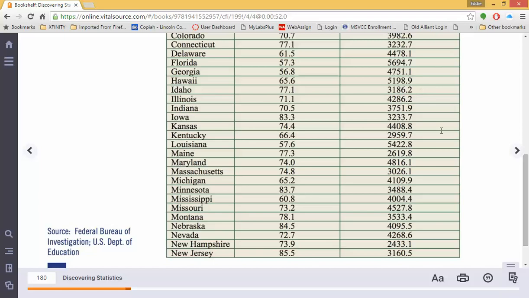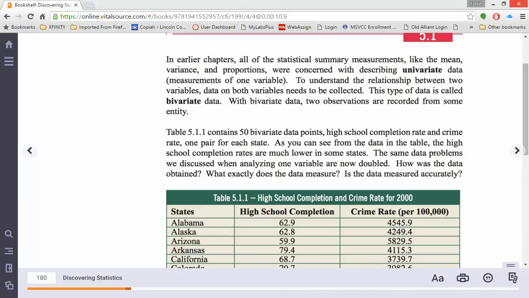And so if there was just some way that we could display that data and help us look for a relationship or a trend, then that would help us predict how education or completion of education ties into crime rate. It may not. But that's just an example of the bivariate data.